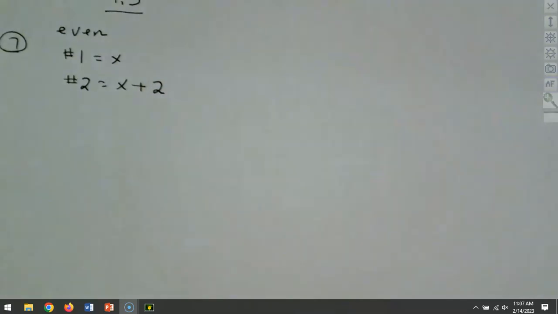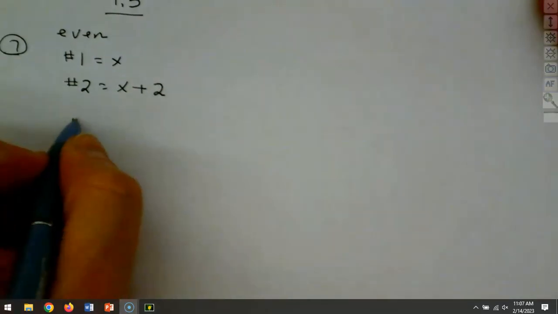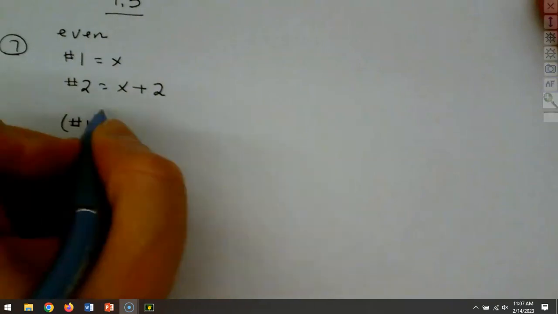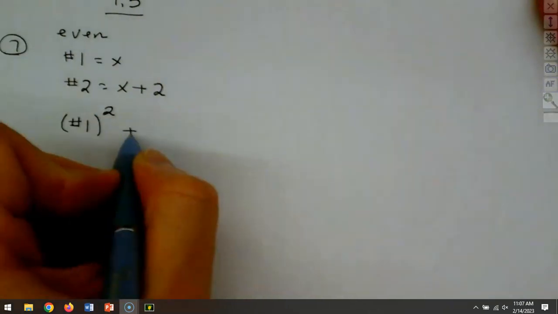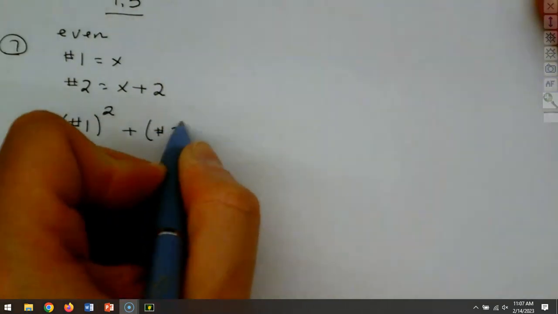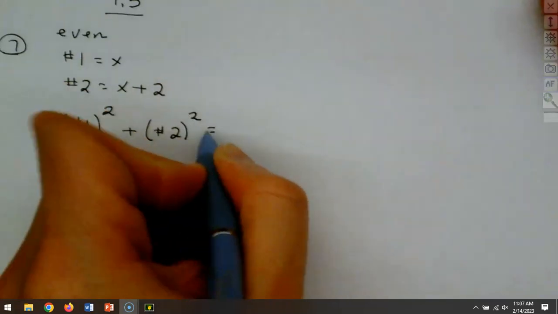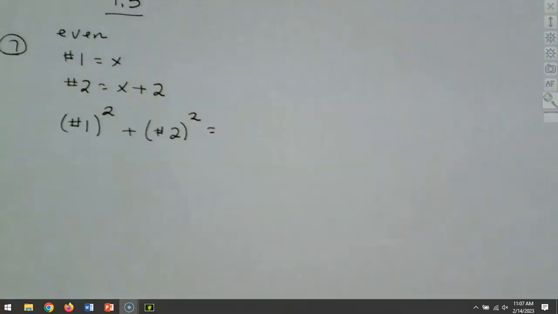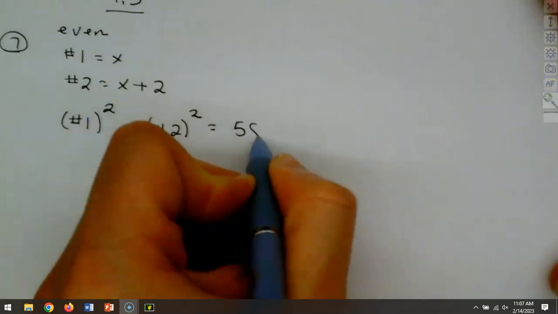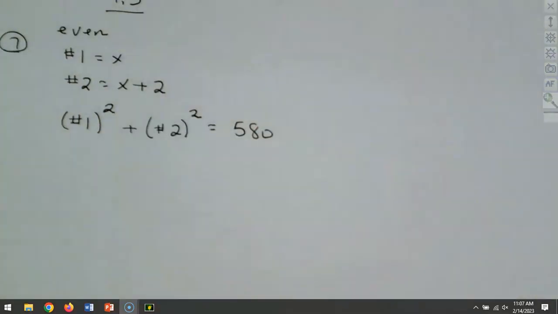Now, what does our equation look like? Well, it says the sum of the squares. So sum of the squares, that would mean the first number squared plus the second number squared is going to give you 580.